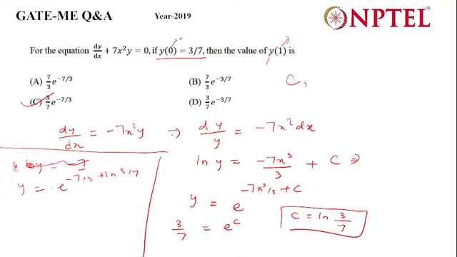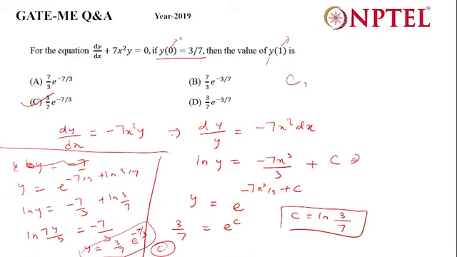Now we put x equals 1, it was x cubed by 3. So your ln y will be minus 7/3 plus ln 3/7. We take ln 3/7 to that side. It will be ln (7y/3) equals minus 7/3. Again you take e to the power on this, so your y will be 3/7 e to the power minus 7/3. Your option C will be correct.